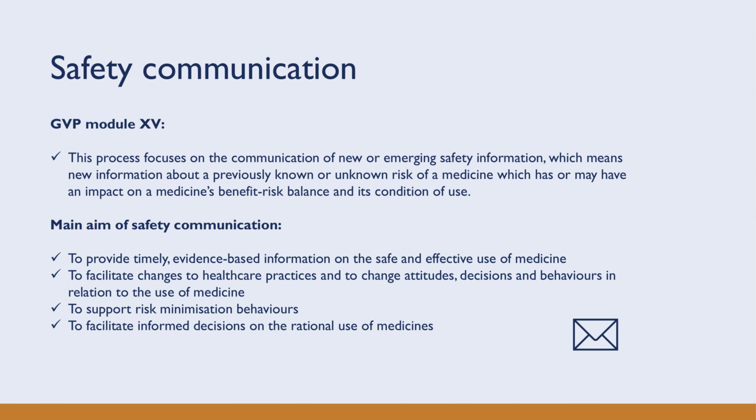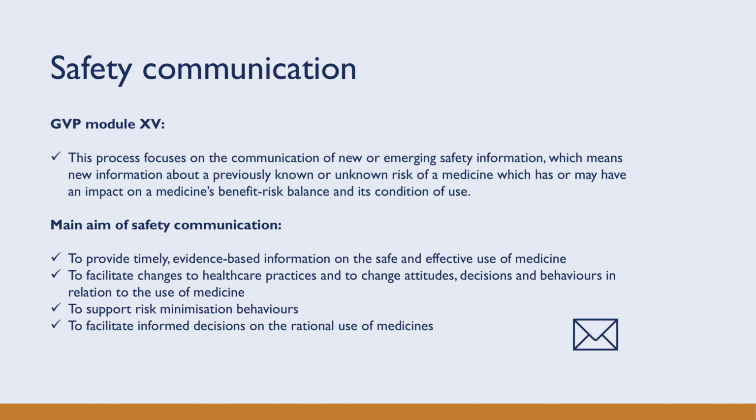Safety communication. According to GVP Module 15, safety communication involves the dissemination of new or emerging safety information. This includes information about previously known or unknown risks that could impact a medicine's benefit-risk balance and its conditions of use.